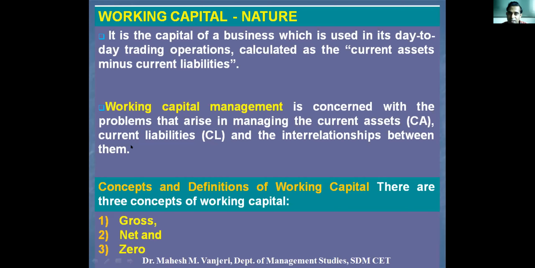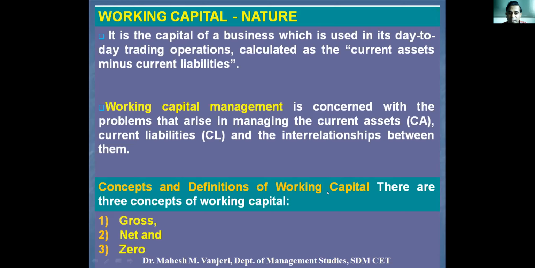The way I explained, there are interrelationships between debtors and creditors. So finance managers try to bargain for a longer credit period from the suppliers of raw materials, and they prefer to give a shorter credit period to their debtors or customers. That way the amount required to invest in debtors will be very minimal.